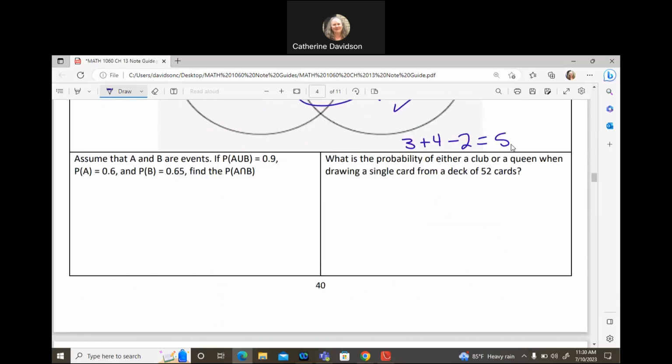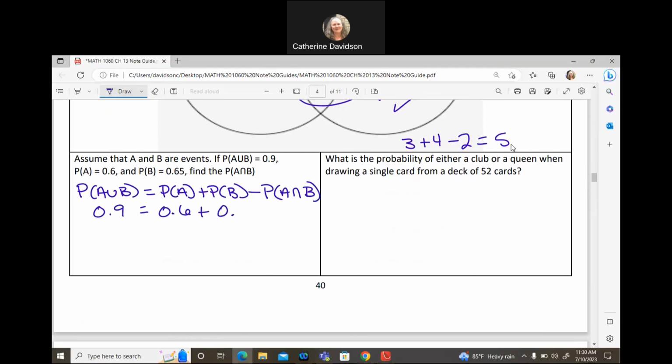This one has the notation. So the probability of A union B is equal to the probability of A plus the probability of B minus the probability of A intersection B. We have A union B. A is just 0.6.